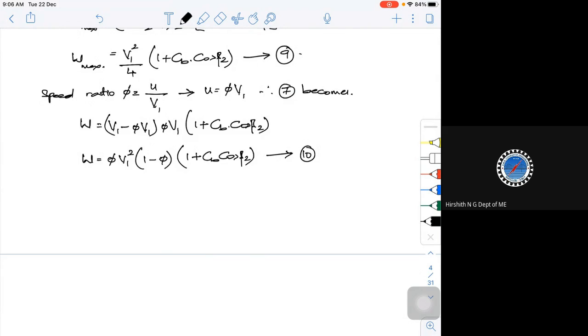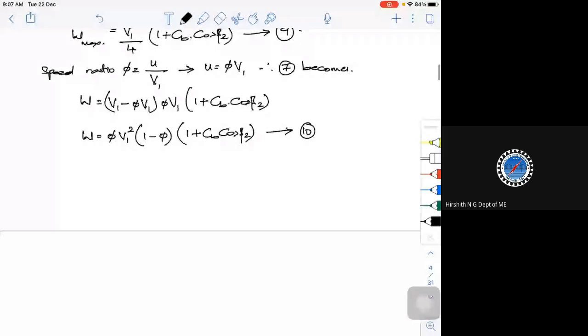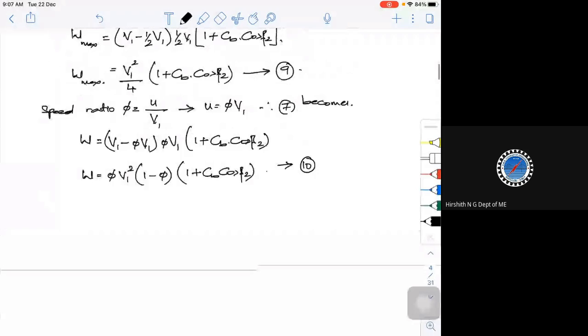Here also I can have a condition where cb is equal to 1. So I'll be getting w is equal to phi into v1 square into 1 minus phi into 1 plus cos beta 2. I can write an expression for this also, and here also I can maximize it. If I want to maximize it, I can write in terms of dw by d phi. I can do that, but usually we try to maximize with respect to u.